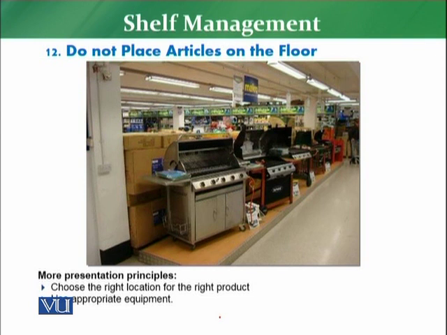The next principle is do not place articles on the floor. It is a very basic and simple principle that products should not be placed directly on the floor. For example, if a product is displayed here, it will give a worst image of the product.